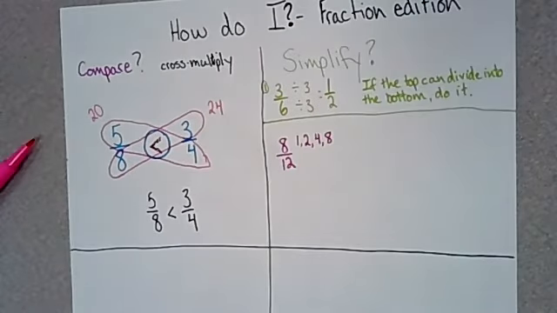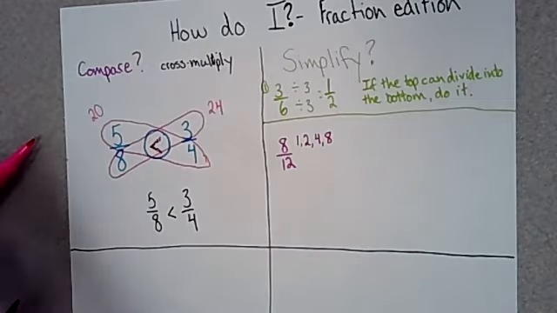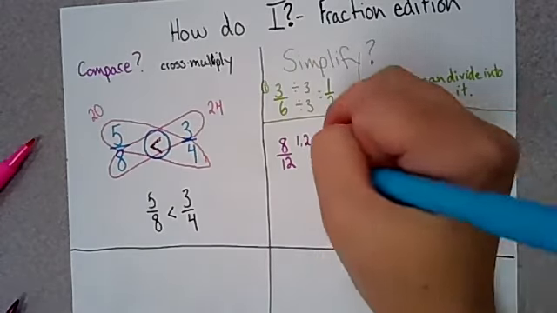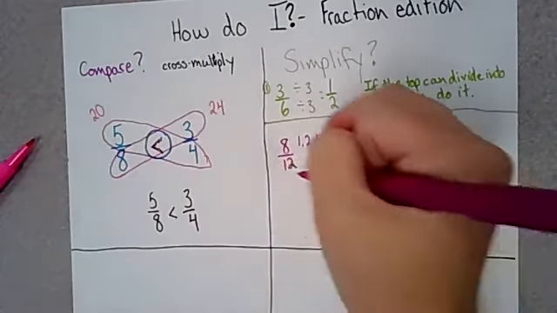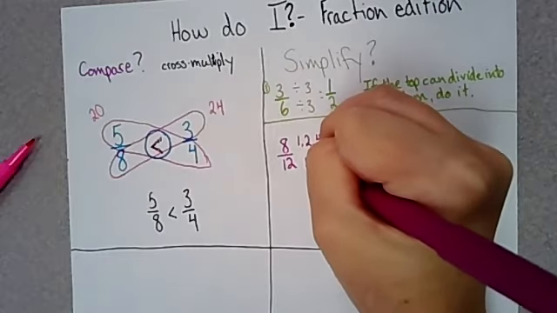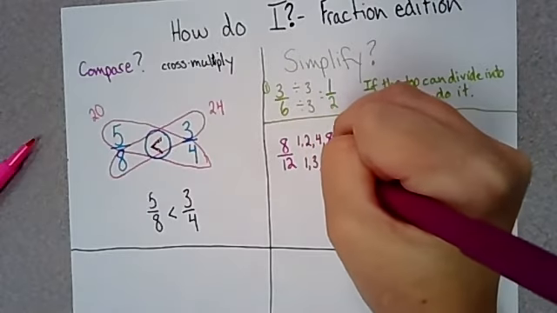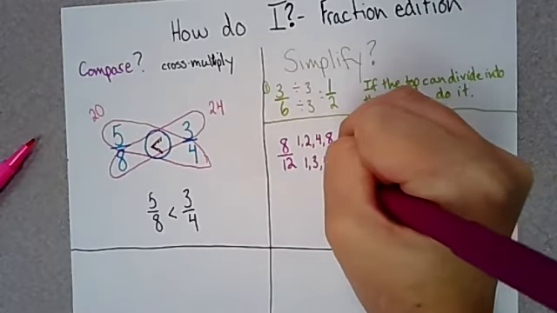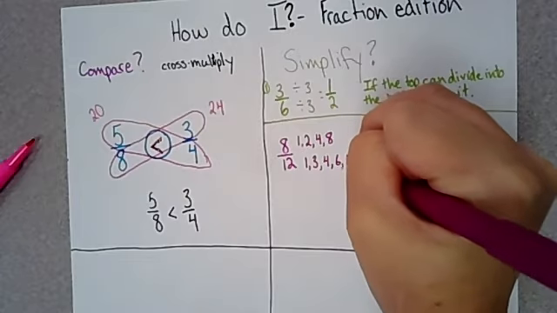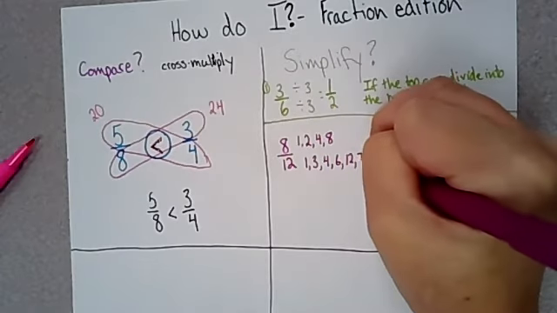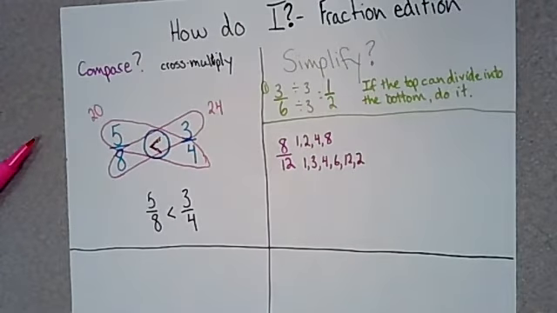Okay? Then you can list out the factors of 12. The factors of 12 are 1, 2, 3, 4, 6, and 12. I left out 2 at first. All right?